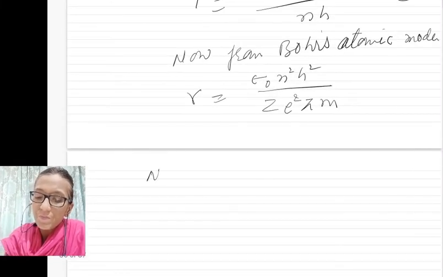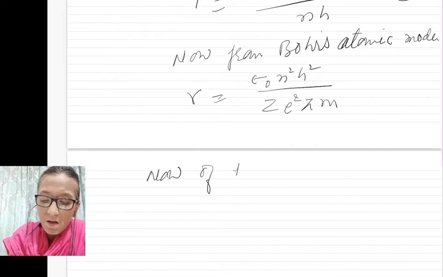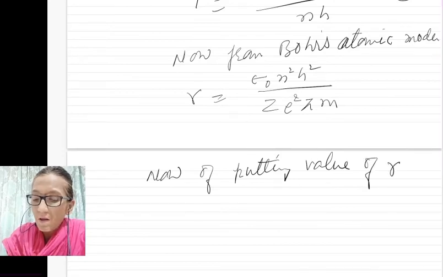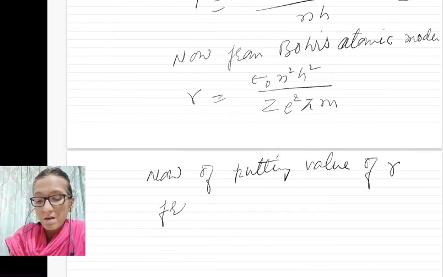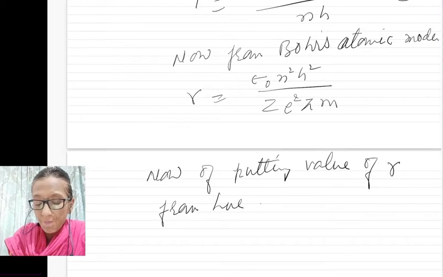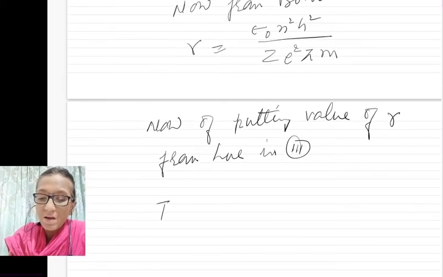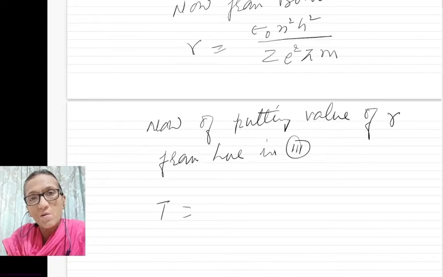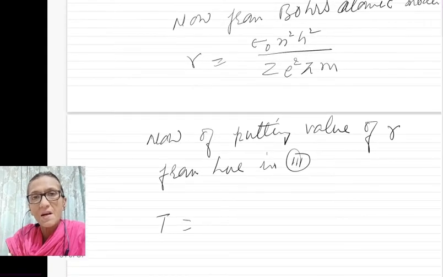So now on putting the value of r from here in 3, we find the expression for time period in terms of the shell number, principal quantum number n.